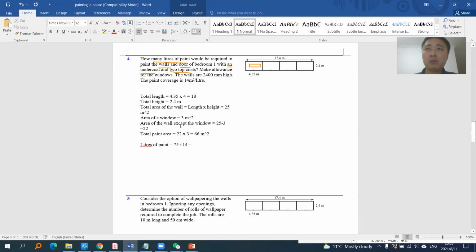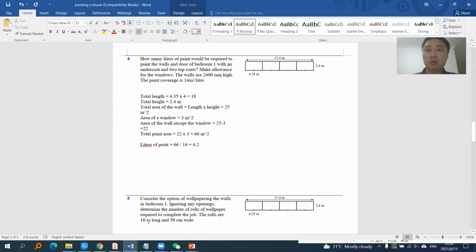For liters of paint, because 1 liter of paint can cover 14 meters square, we can use 66, the total painted area, divided by 14. You should get an answer, about 4.2 something liters of paint. So we finish question 4.